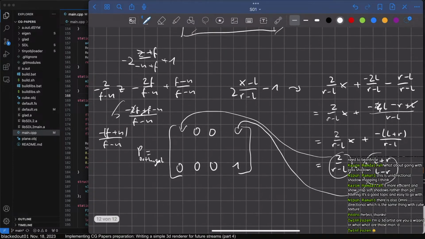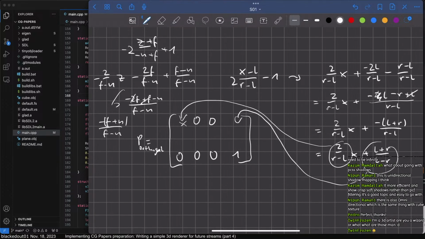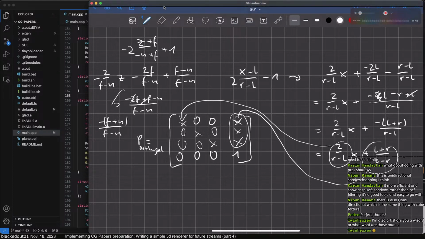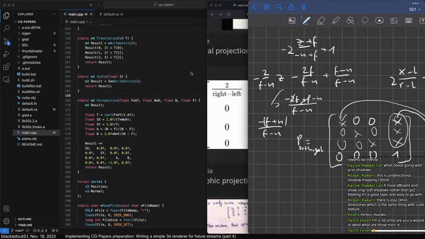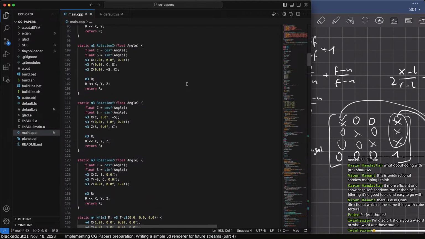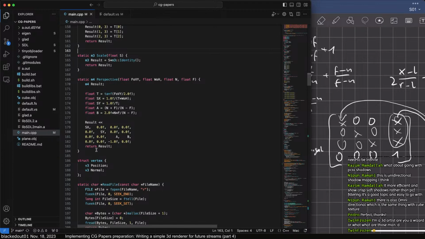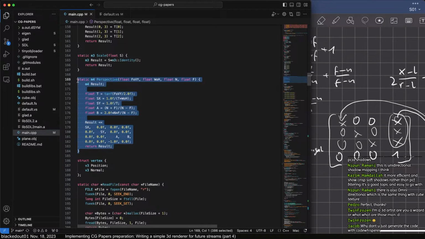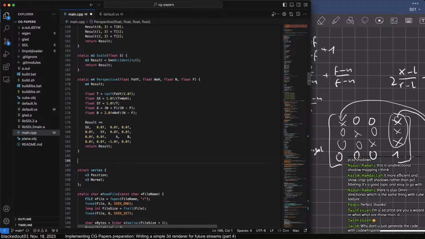So basically all these scaling factors are in the diagonal, and the translational values are in the translational part of the matrix. So yeah, we can implement this. I would just copy this here.